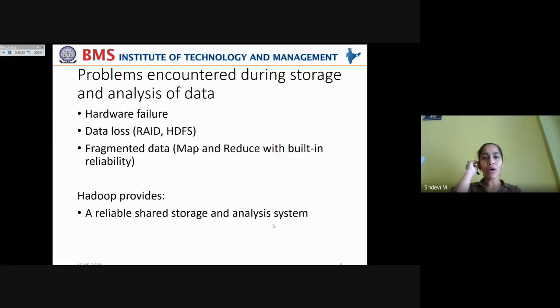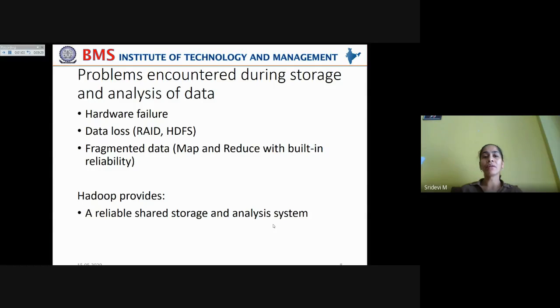Now, data loss also is a main problem, because if the system fails or if a node fails, the data may be corrupted or sometimes permanently lost. In such cases, there are alternatives like RAID, redundant array of independent or inexpensive disks, or HDFS clusters, Hadoop Distributed File System clusters, where you can give some replication factor to the data.